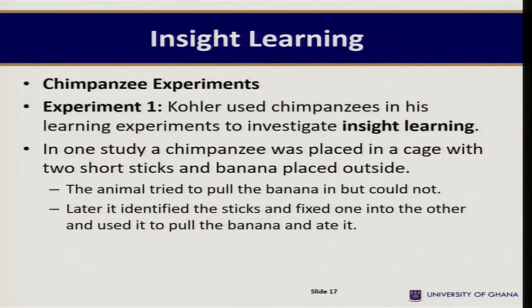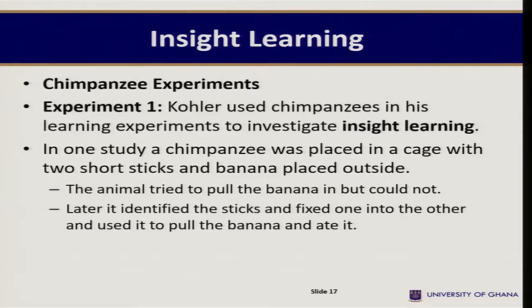In one experiment, Kohler used chimpanzees to investigate insight learning. A chimpanzee was placed in a cage with 2 short sticks and a banana placed outside. Of course, the chimpanzee wanted to take the banana, but it tried and couldn't get it.